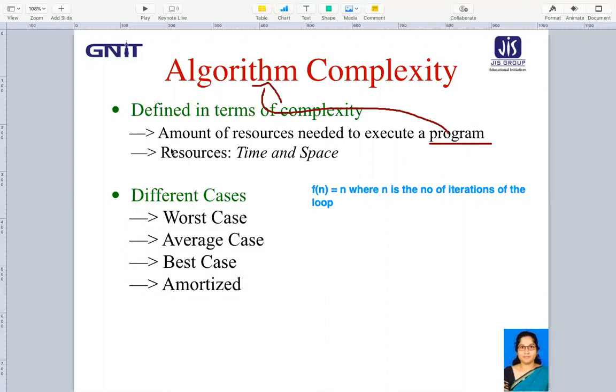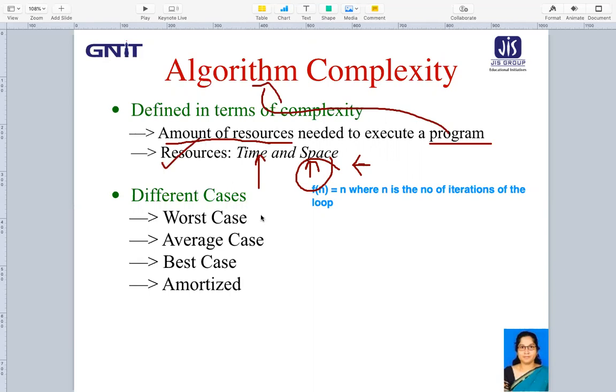So it is the amount of resources: if you are talking about the computer, it is the CPU time required to execute a given program, and the memory space required for storing the variables and the functions for executing the program. These are the two resources of a computer system.